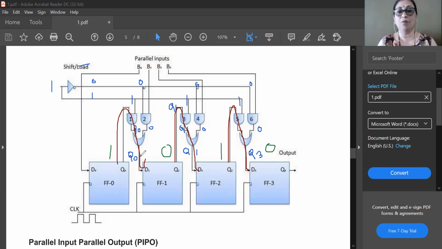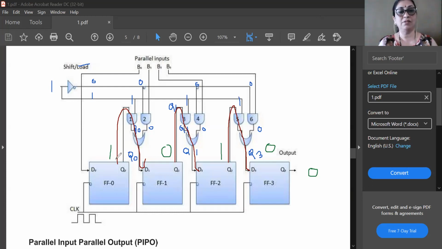At the first clock pulse, when you have loaded the data, the least significant bit is outputted at Q3. Least significant bit is outputted at Q3. So we have 0 at Q3. Okay. Now suppose we apply one more clock pulse, then what is going to happen? That is what we are going to see.